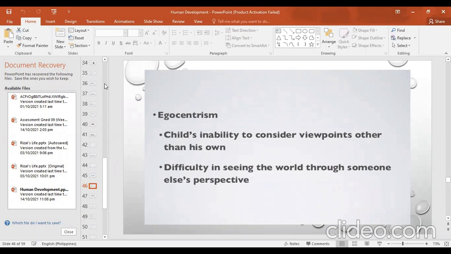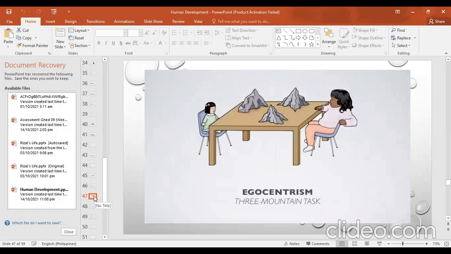Hindi naman ito negative, yung pagiging egocentrism, kasi nga, hindi pa rin naman alam ng bata kung ano talaga yung tama sa mali. No, hindi pa siya marunong magpalawak ng kanyang ideas about sa nangyayari. Ang alam niya lang naglalaro siya, no? Kung saan lang siya happy, ganyan. Yun lang yung focus niya. So next tayo, just like this, egocentrism.